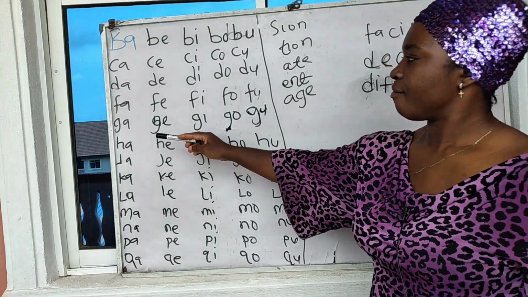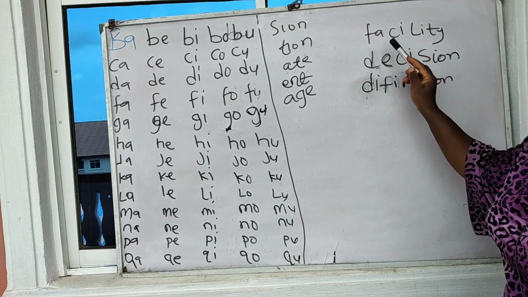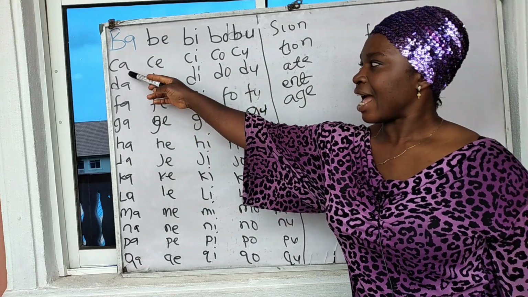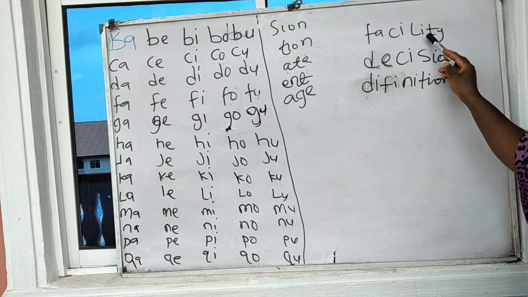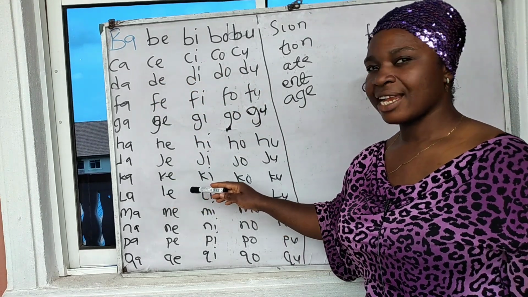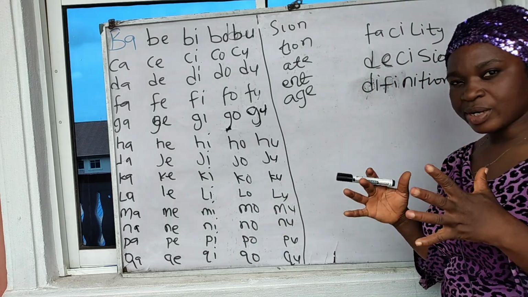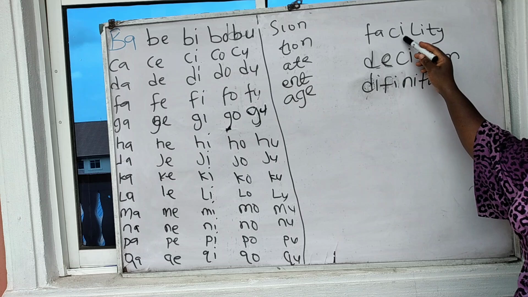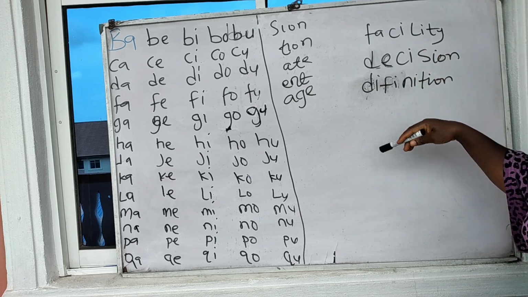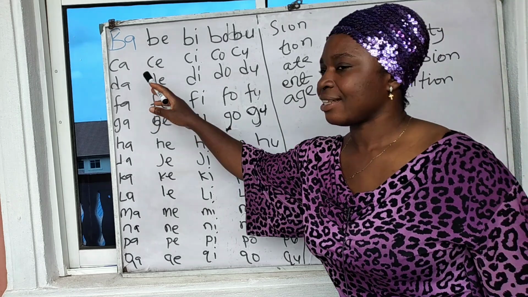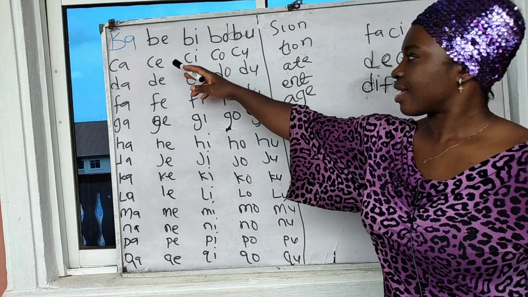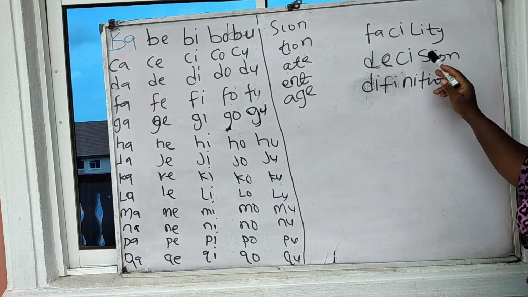So we've been able to produce facility. Fa, si, li, ti. Put together we have facility. Now again, we have de, si, decision.